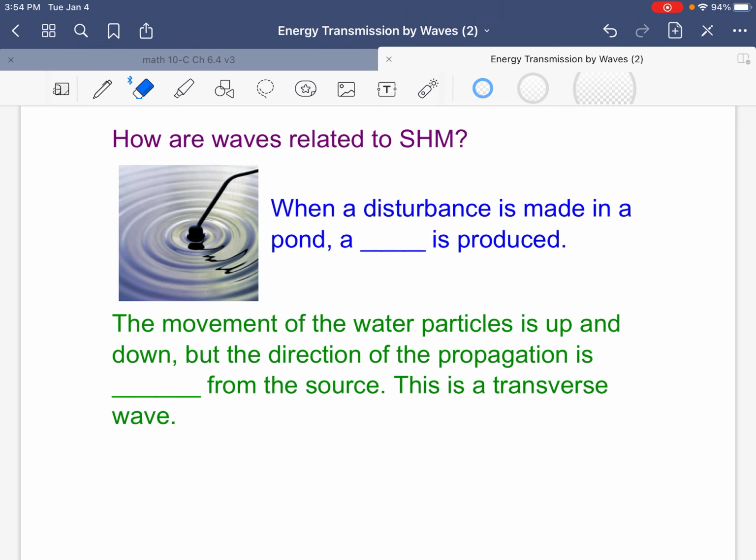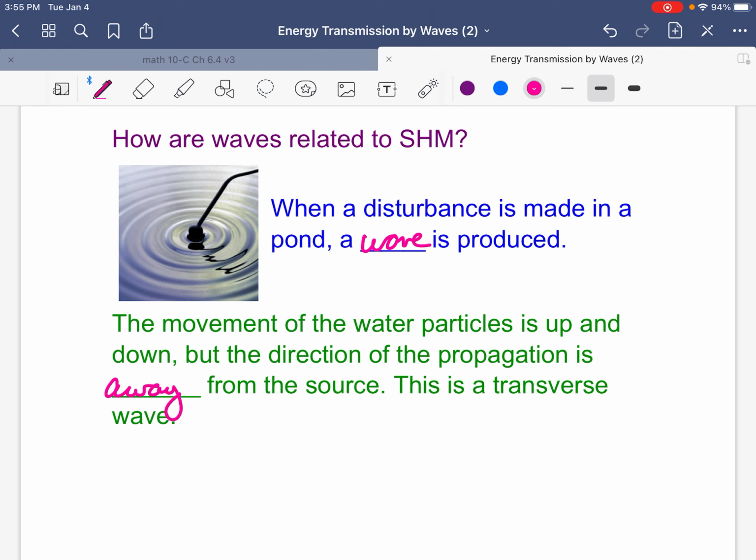Anyway, now moving on, how are waves related to simple harmonic motion? Well, when a disturbance is made in a pond, a wave is produced. You drop a pebble in a pond, you get one ripple, one wave. I want you to realize the movement of the particles is up and down, but the direction of the propagation, that is the wave, is away from the source.